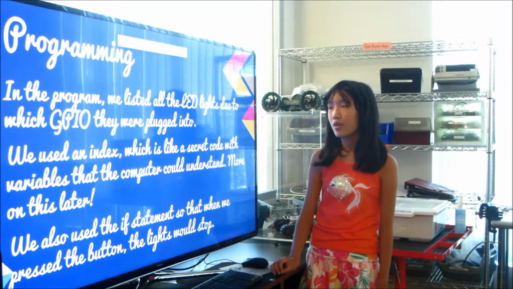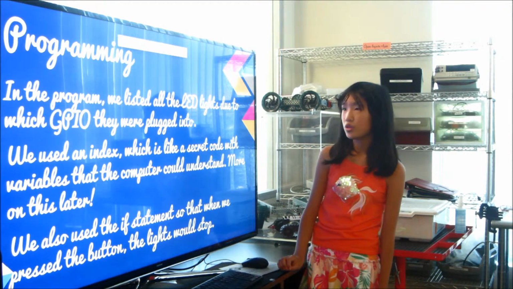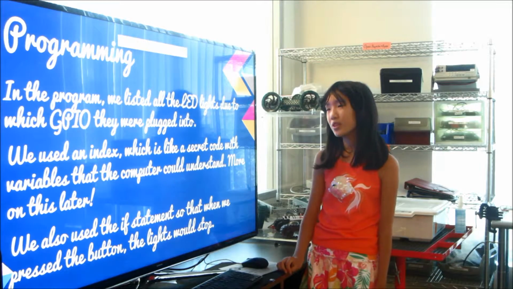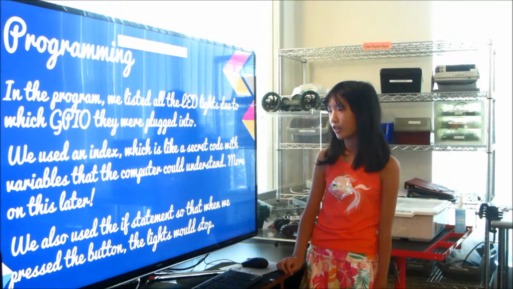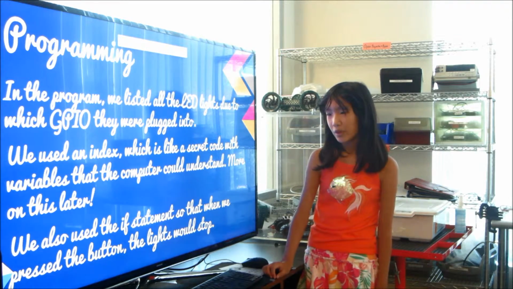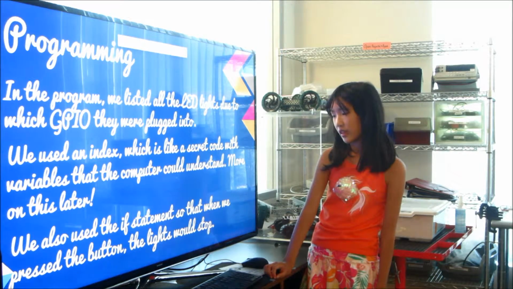Programming. In the programming, we listed all the LED lights due to which GPIO they were plugged into. We used an index, which is like a secret code with variables that the computer could understand. More on this later. We also use the if statement so that when we press the button, the light would stop.